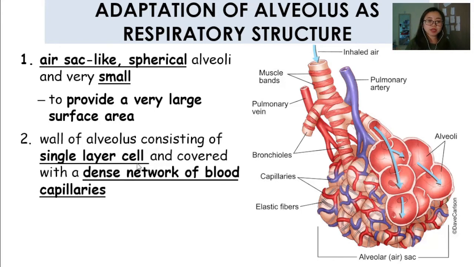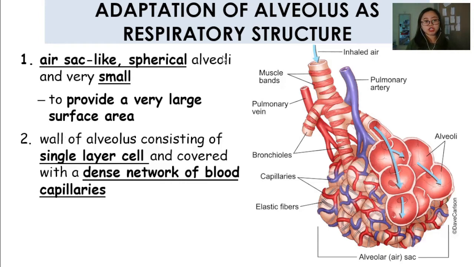The second adaptation of alveolus is they consist of a single layer cell and are covered with a dense network of blood capillaries. So, kamu nampak seperti dalam diagram ini. Okay, dia punya alveolus nipis saja, satu sel saja ketebalan dia. Dan dikelilingi oleh banyak blood capillary. Jadi udara, oksigen ke karbon dioksida senang untuk limpas alveolus masuk ke dalam darah ataupun keluar dari darah masuk ke dalam alveolus.